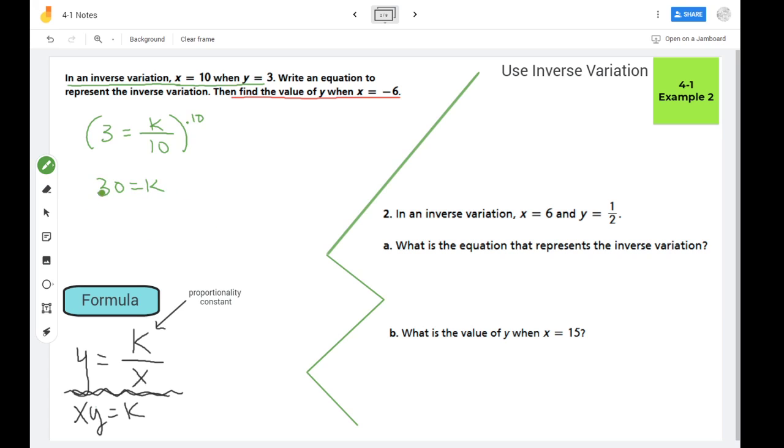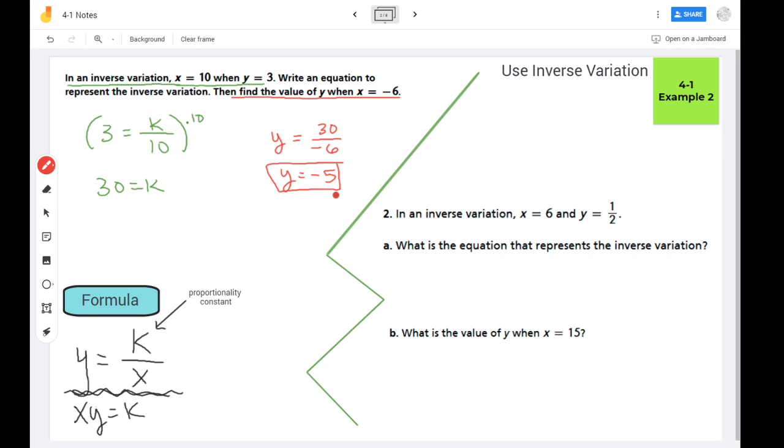So that is my proportionality constant. Now I can move on to this new x and y pair, and I can use that 30 for the k in order to solve for y. So I'm going to have y is equal to 30 divided by -6, and 30 divided by -6 is -5.